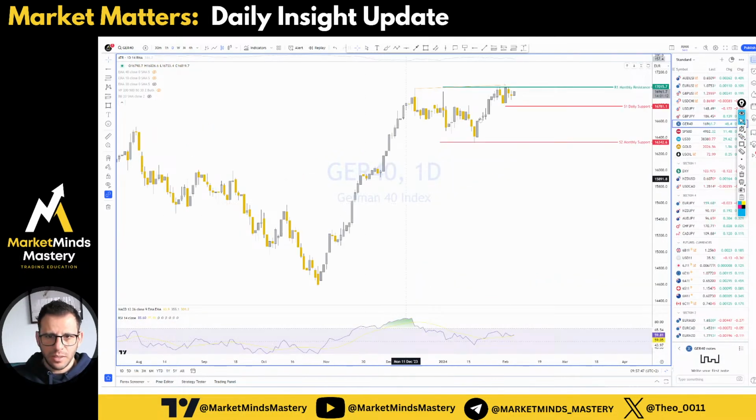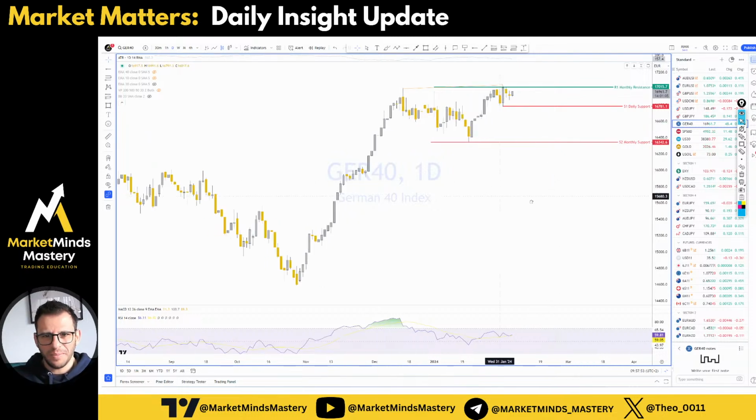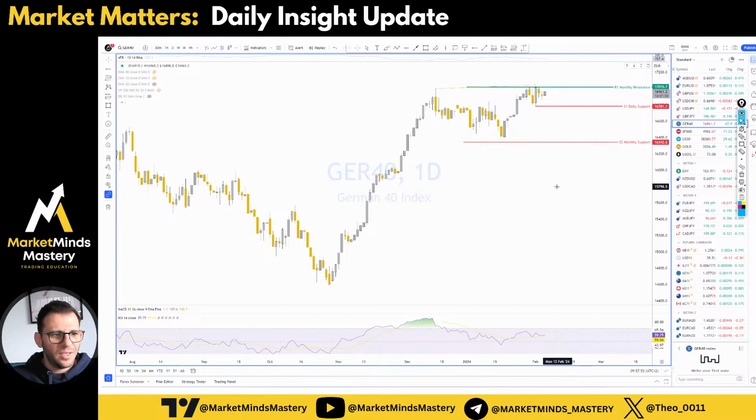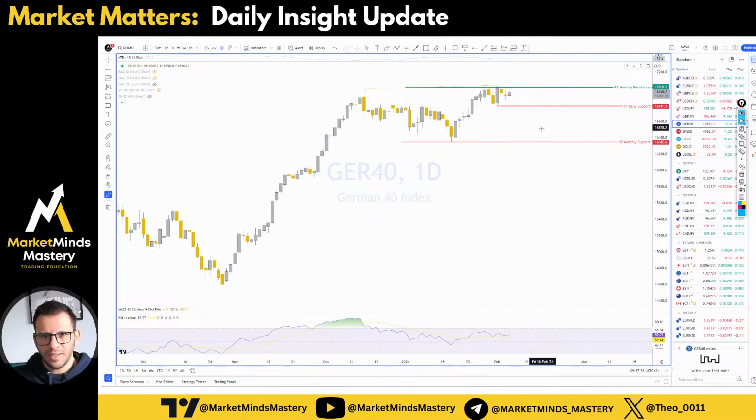German 30 or 40 or DAX 30, DAX 40, it's the same thing. It's a European index, one of the most tradable European indices actually. Price made a higher high, the indicator made a lower high at this resistance. Price action showed that the sellers were about to come two days ago, but yesterday the sellers didn't come.